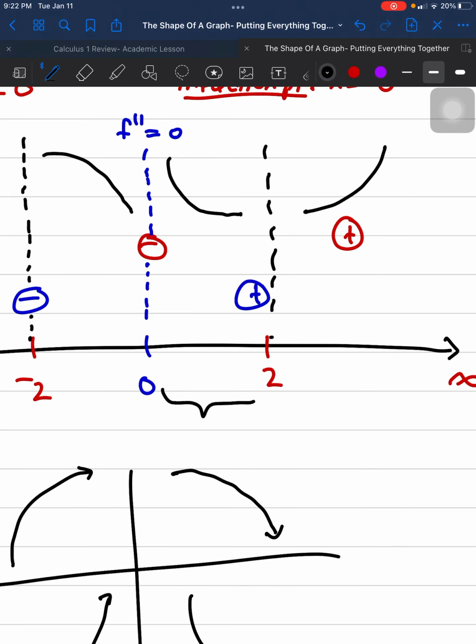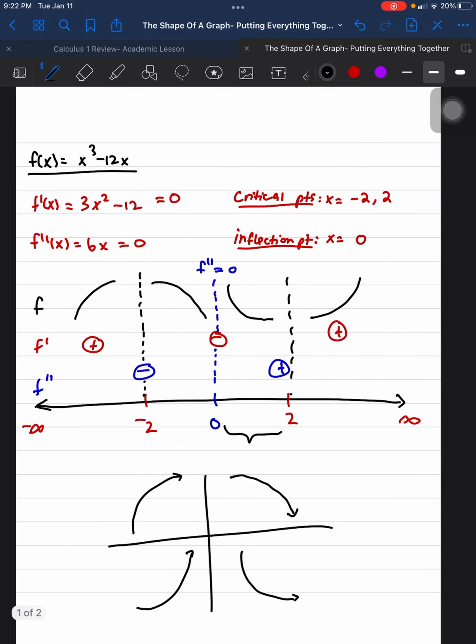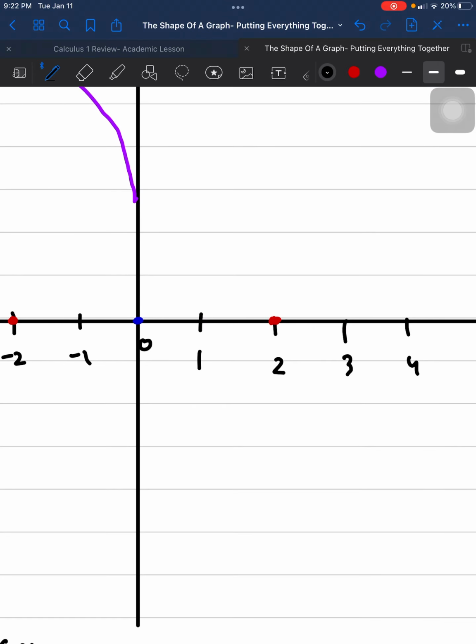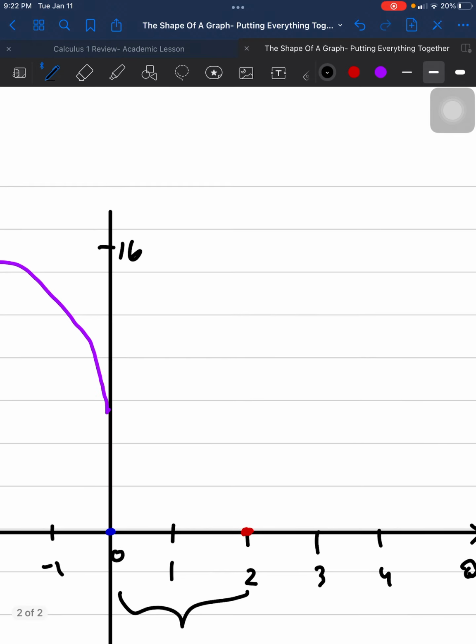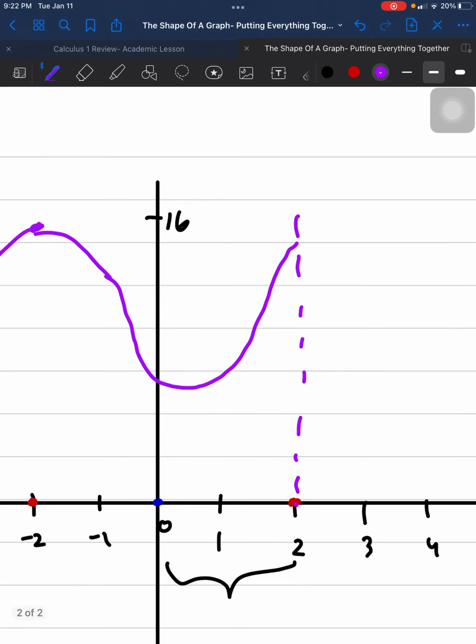The next subregion is 0 to 2, and we determined that the function is concave up and decreasing in this subregion. So 0 to 2 is right here, and we can make this concave up from here to here.